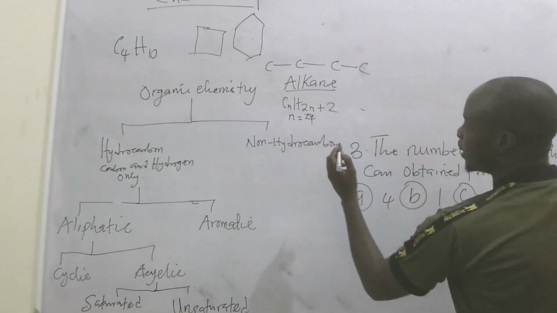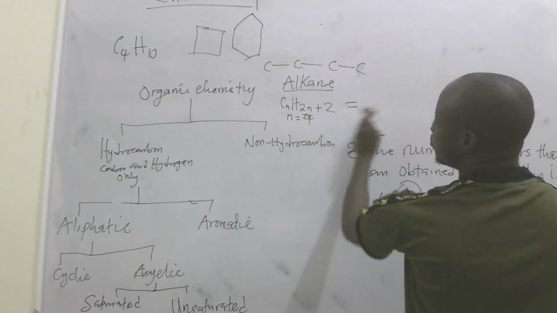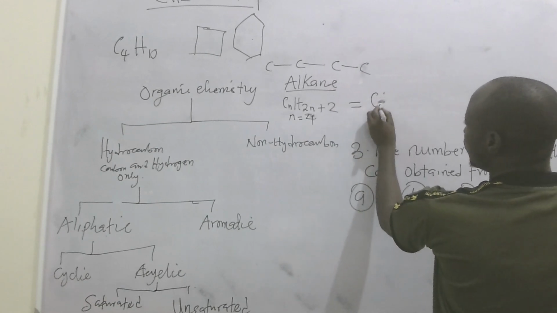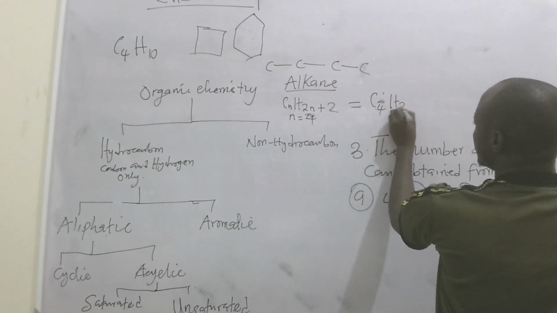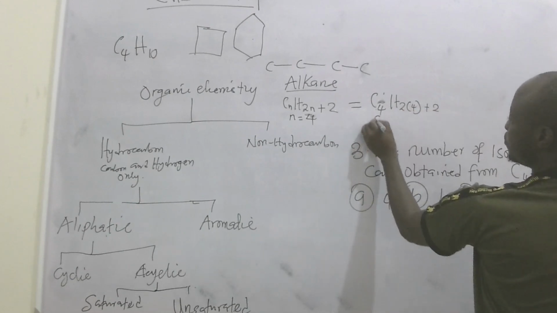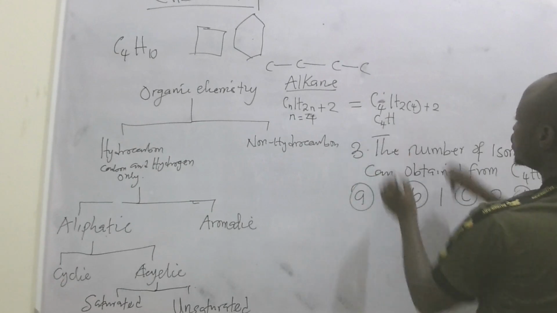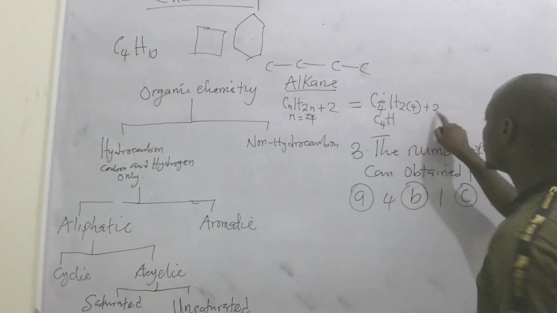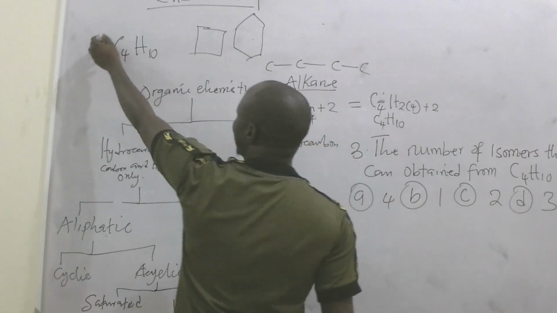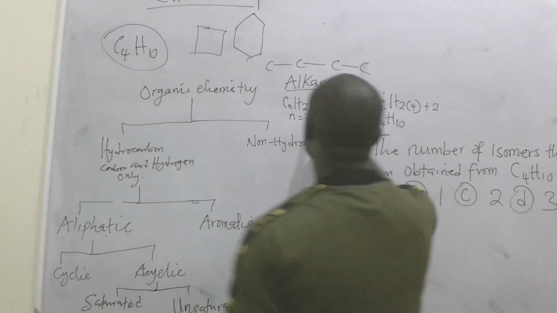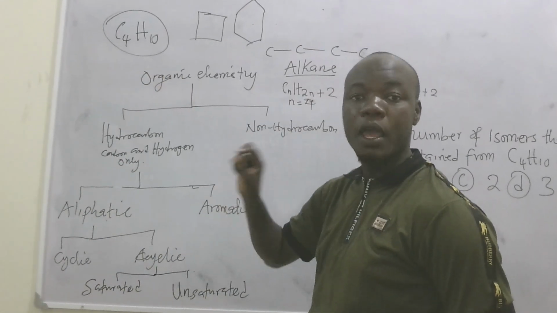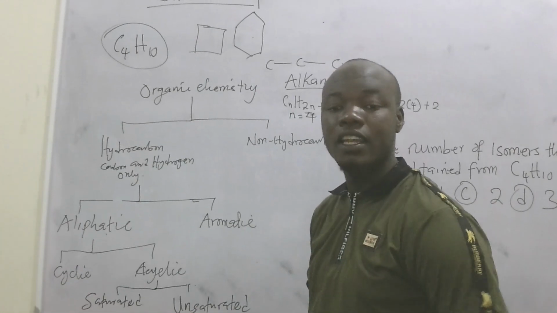Here we have C4H(2 times 4 plus 2). So C4, H2 times 4 is 8, plus 2 is 10. We have C4H10, so it means that C4H10 here is an alkane member.